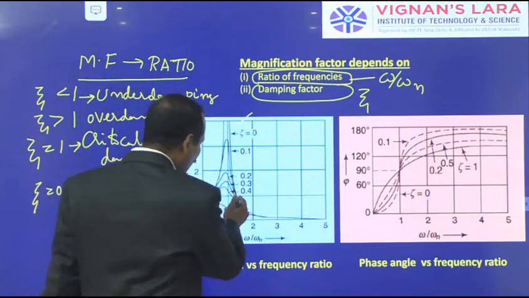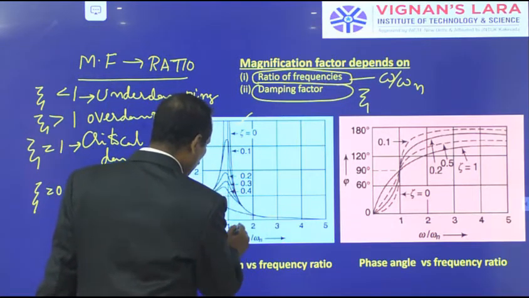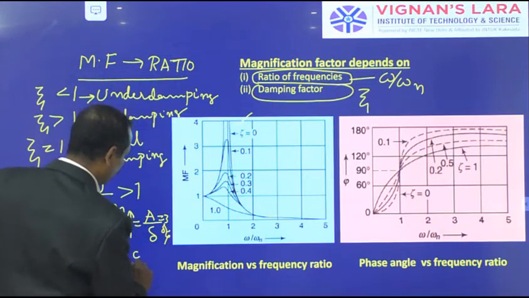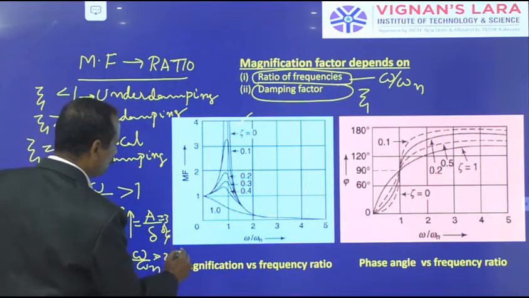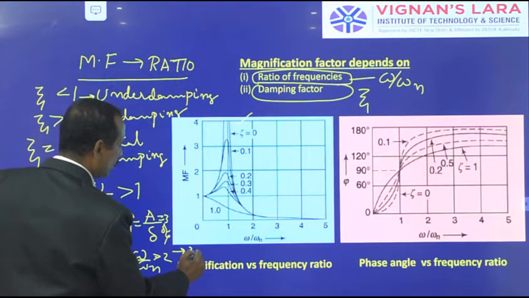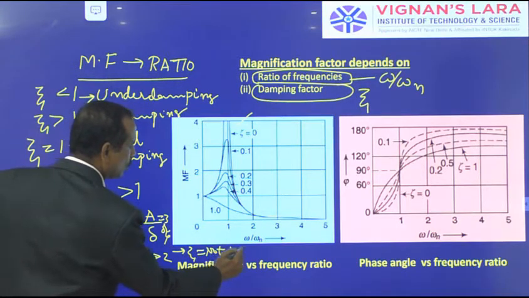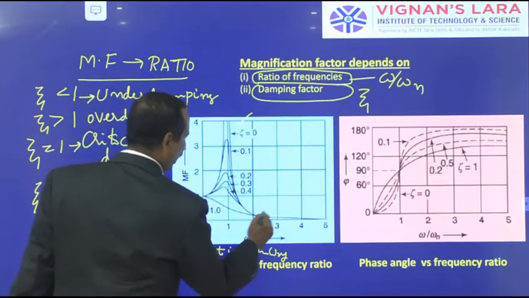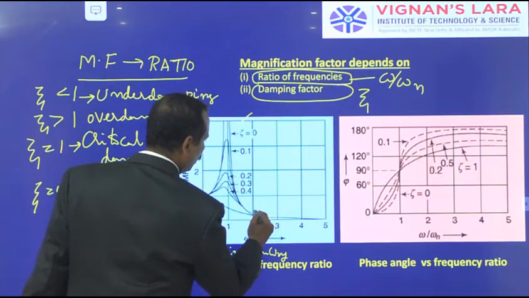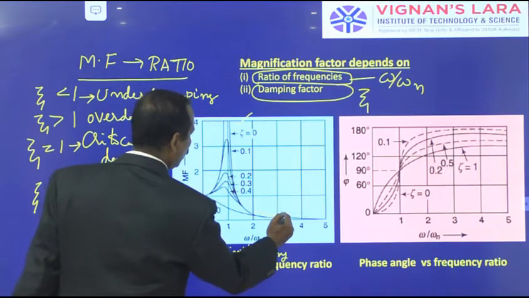Whereas you can see that once omega by omega n is approximately around 2, irrespective of zeta, zeta is not influencing. All the curves reach a single line.